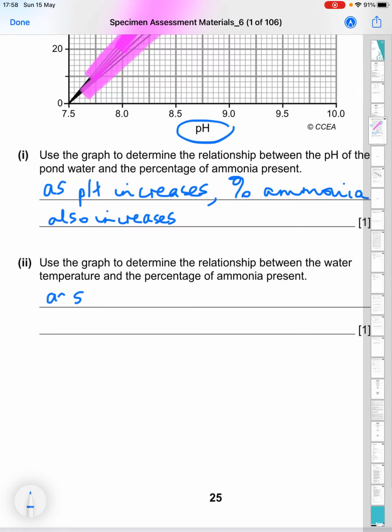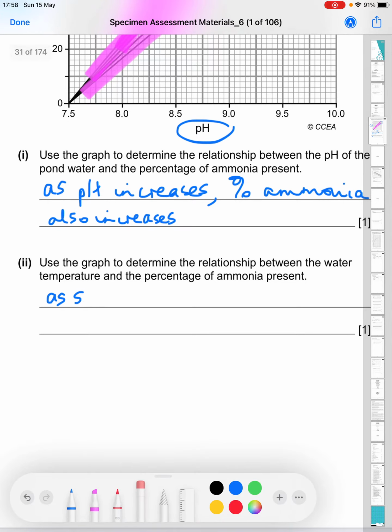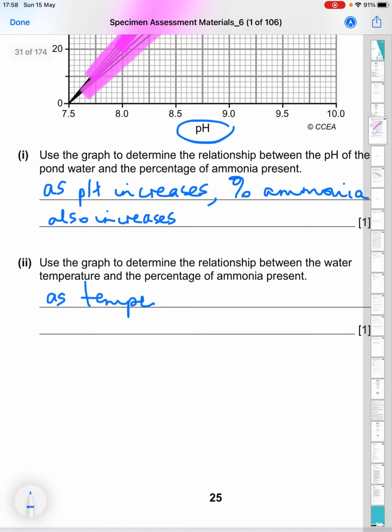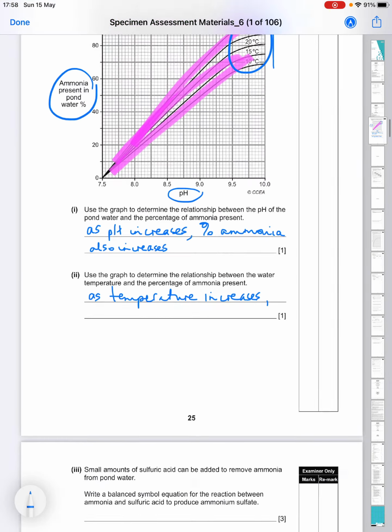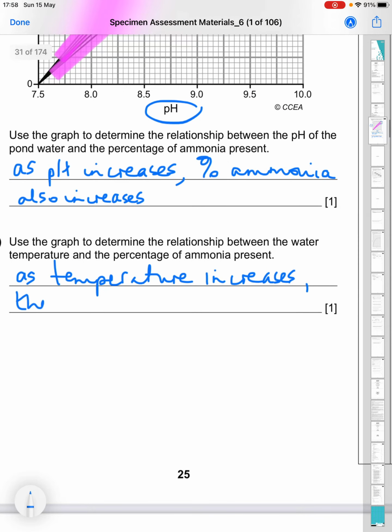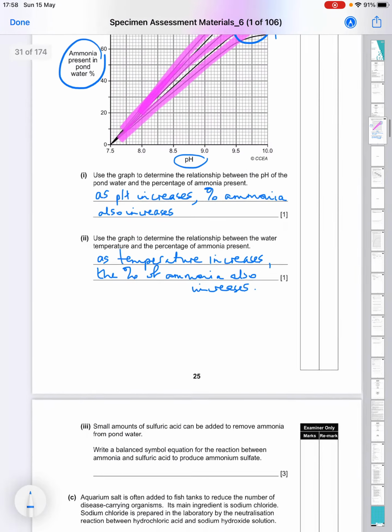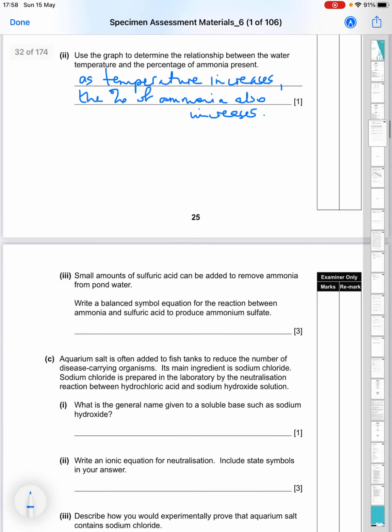So as temperature increases, the percentage of ammonia also increases. Just one mark for each of those.